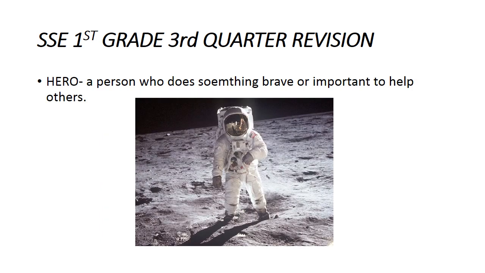A hero is one of the very important symbols for some country. A hero is a person who does something brave or important to help others. So today we have a lot of heroes. Fortunately, we have this very bad situation for every country, and in the first place we can say that our doctors are heroes, and our army and our soldiers are heroes for us and for all people all around the world.